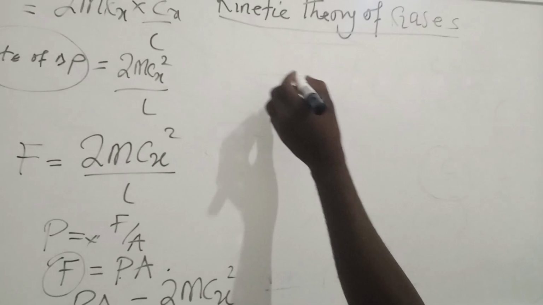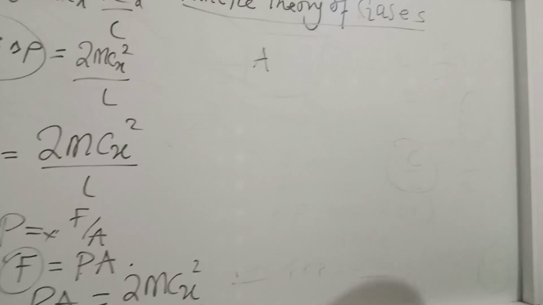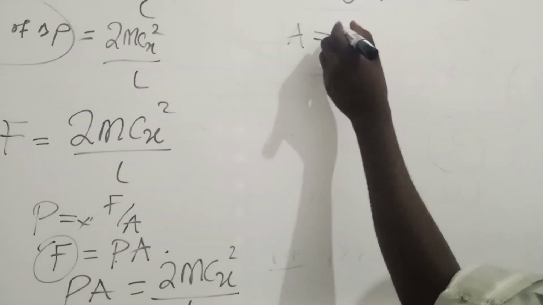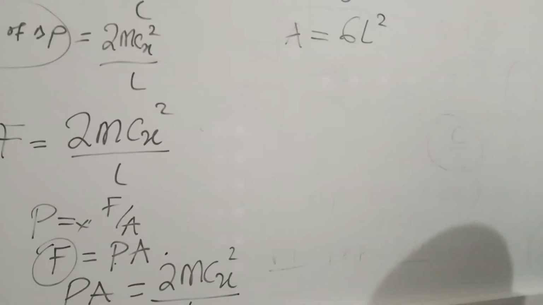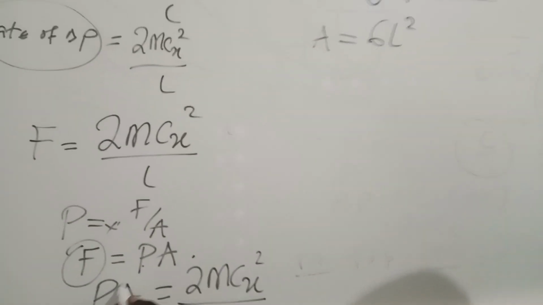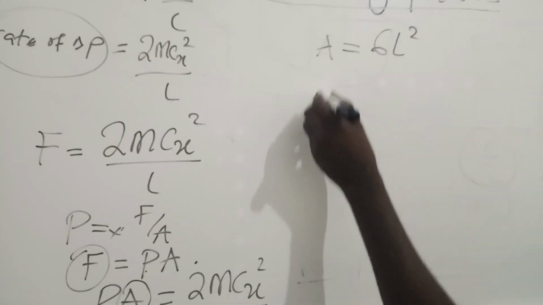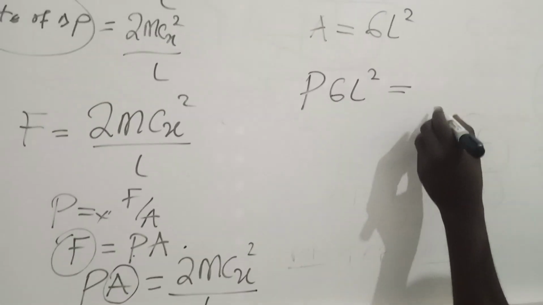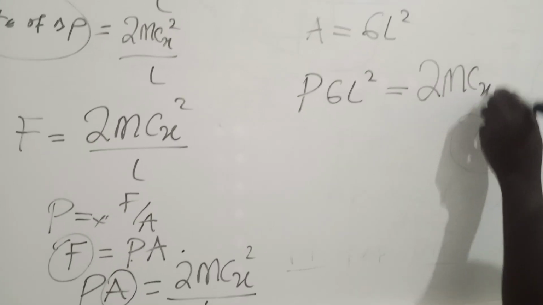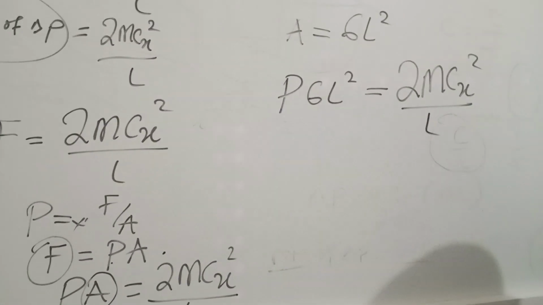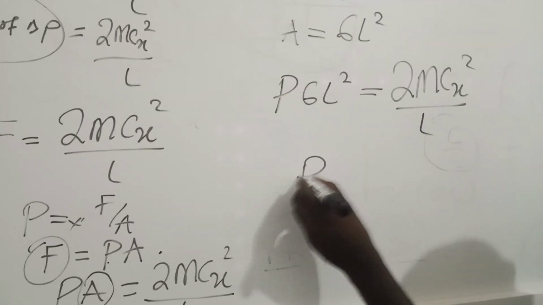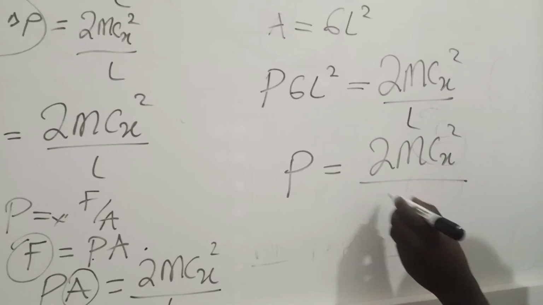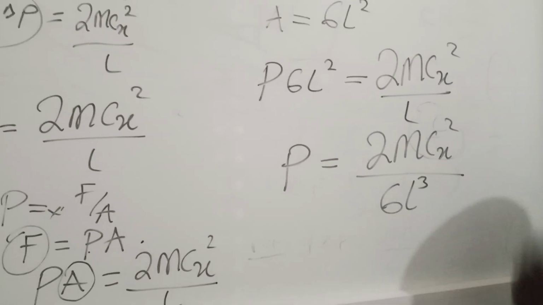Remember, the box we use is a cube, so the total area is 6L squared. We can substitute A with this. So we have pressure times 6L squared equal to 2mcx squared all over L. This is the same thing as P equal to 2mcx squared all over 6L cubed.